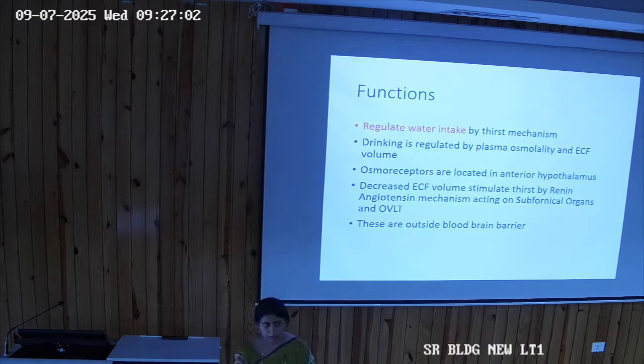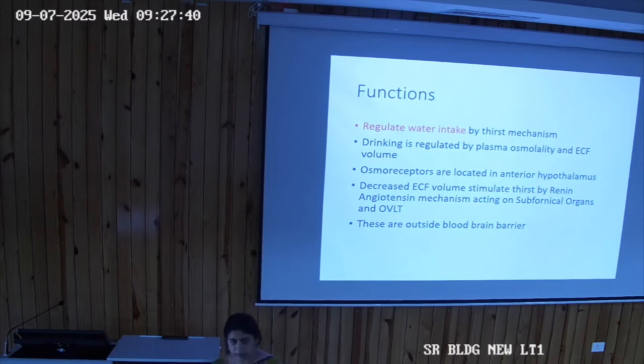So the two nuclei responsible for water regulatory mechanisms are the lateral nucleus and the supraoptic nucleus. Lateral nucleus is responsible for thirst, and supraoptic nucleus is responsible through the regulatory mechanism done by ADH. And what is the function of ADH? It is antidiuretic hormone. What are the target areas of the nephron which are affected by ADH?